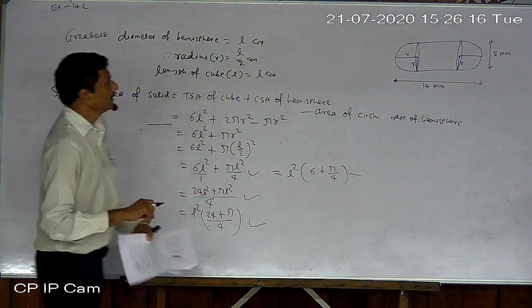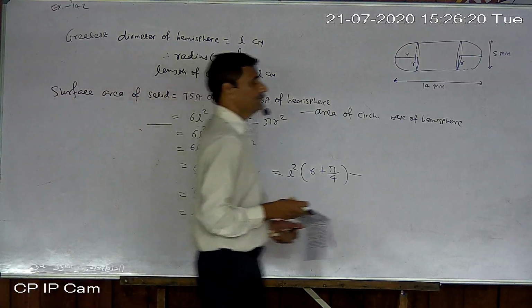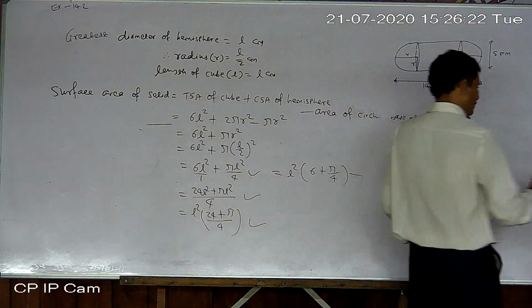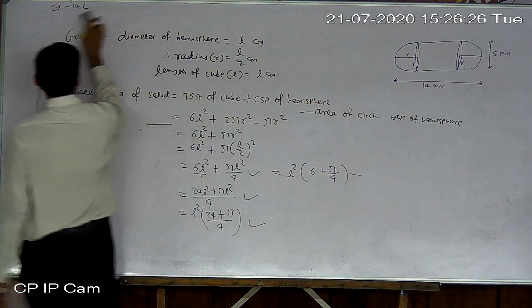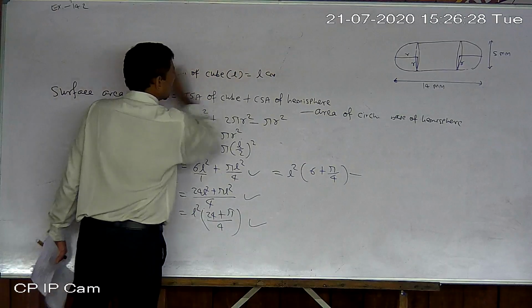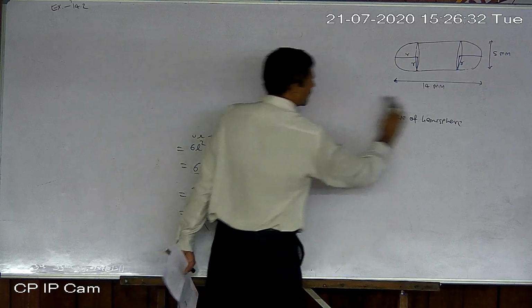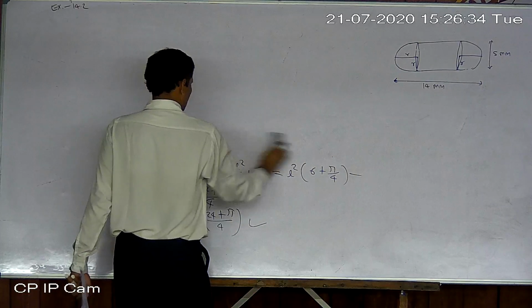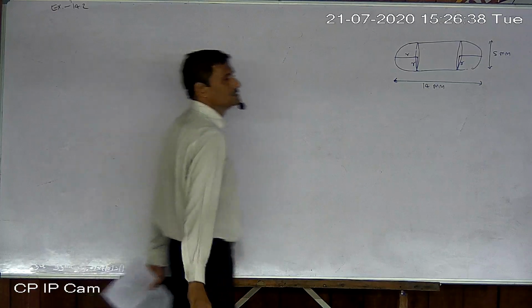Okay. So now you can understand there are two hemispheres and one cylinder. If you want to find the length of the cylinder, then obviously you have to subtract the length of both hemispheres from 14. Then only you will have the length or height of the cylinder.